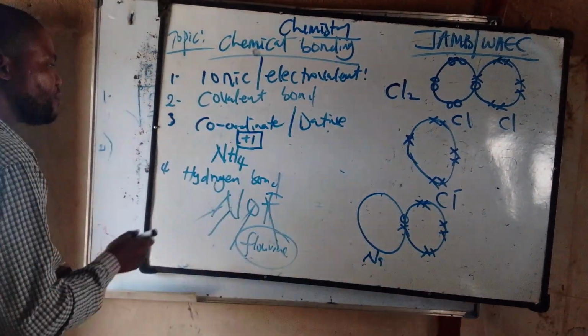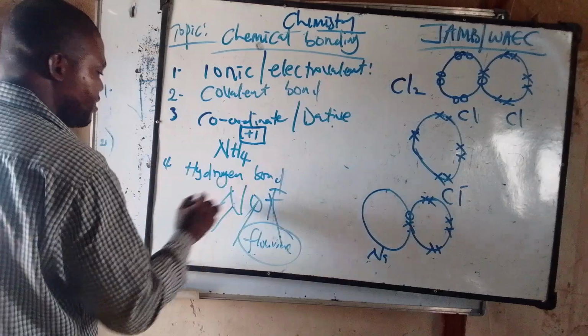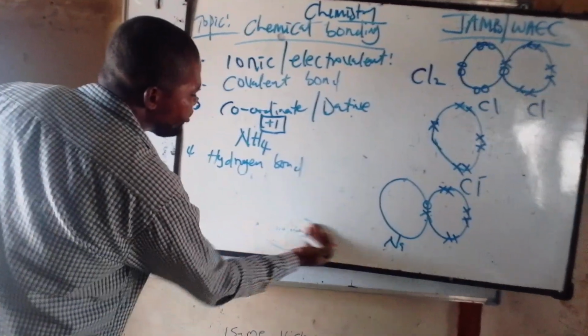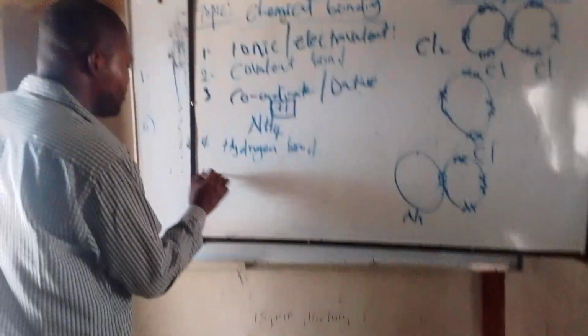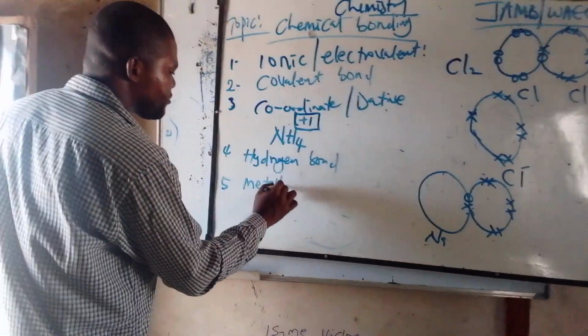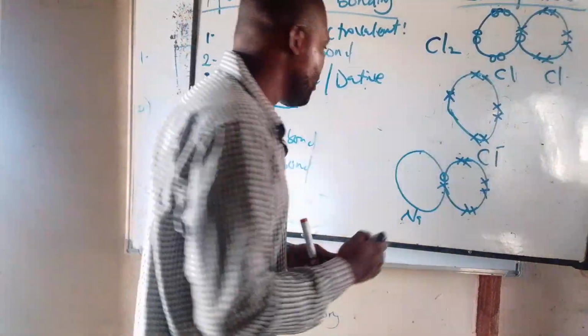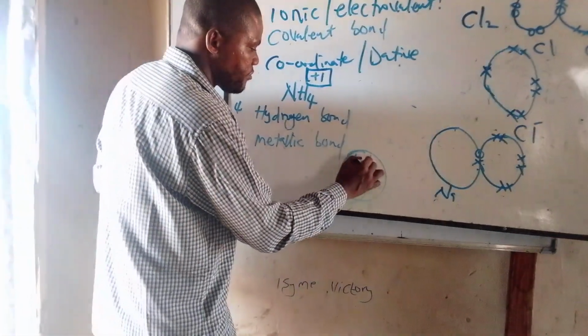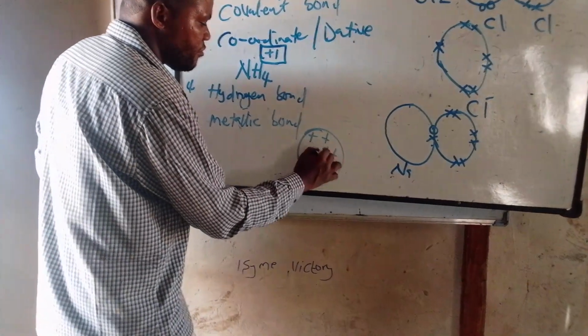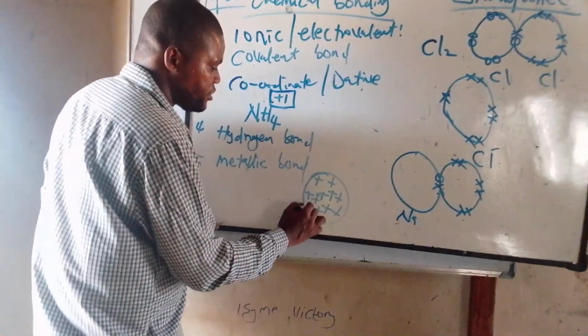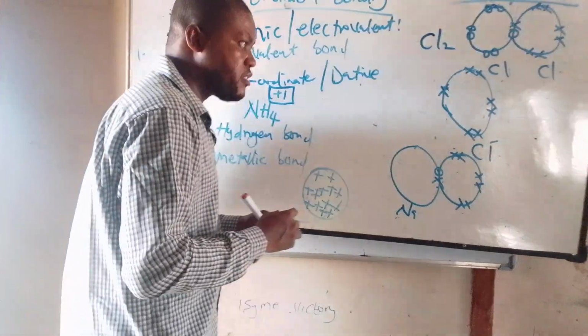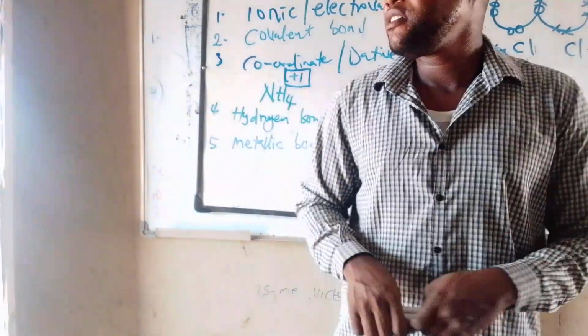And the other one we'll now look at is number 5, metallic. Metallic bond is a bond that is seen in metals. For example, look at sodium, Na.